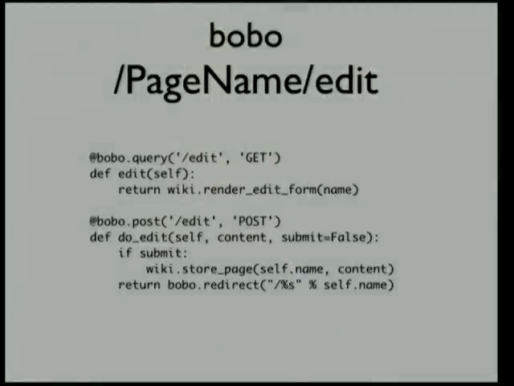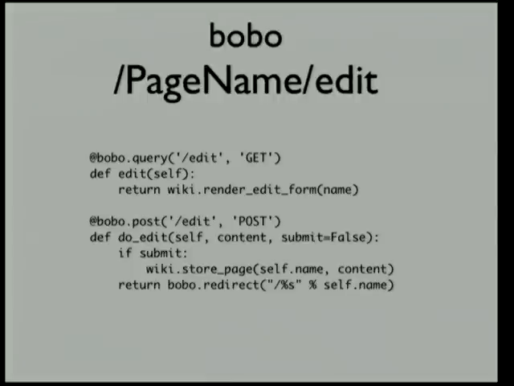Here, these are two more methods on that object, so edit and post, do edit. So these are then handling slash page name slash edit, and doing that sort of stuff. So there's actually a bug in this slide. It should be render edit form self.name. That's my fault in editing the slide. And then later on, of course, handling the post.